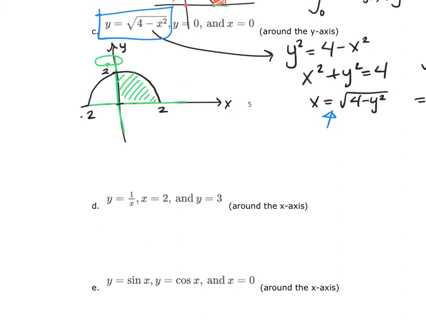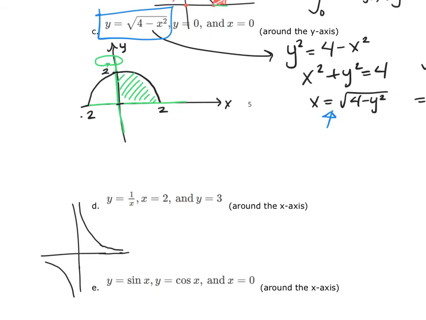So for this one, I'm going to do a rotation around the x-axis. The first thing I always do is draw a real quick sketch. So this is the reciprocal function, and it's going to look like this. Of course, it's not going to actually touch the axis, so let me draw this a little bit better. That's what the reciprocal function looks like.